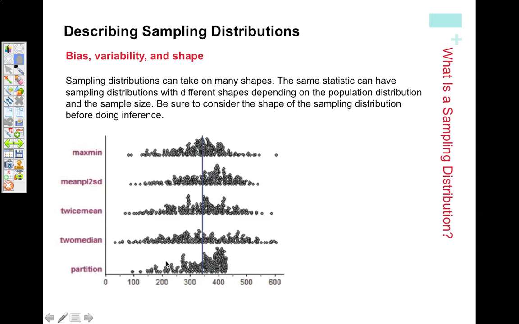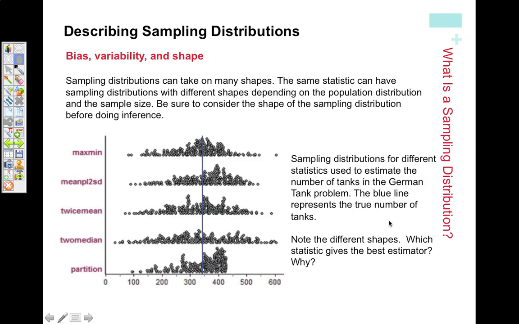We'll look at different measurements, different statistics that we can take. The blue line on these represents the true number of tanks. These numbers represent the number of tanks. If you want to read about the German tank problem, it's in the textbook that I do use.